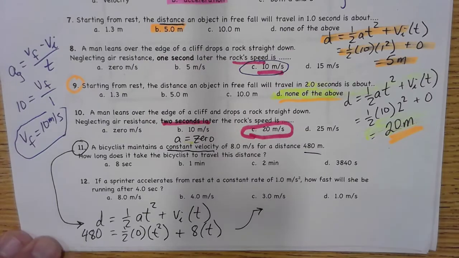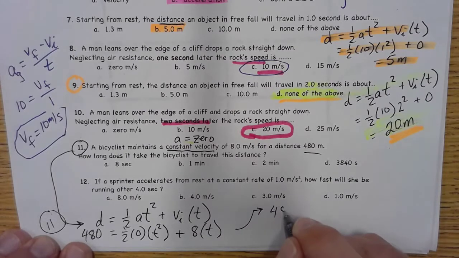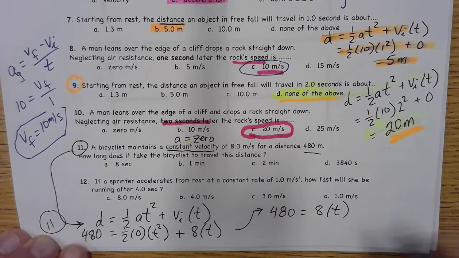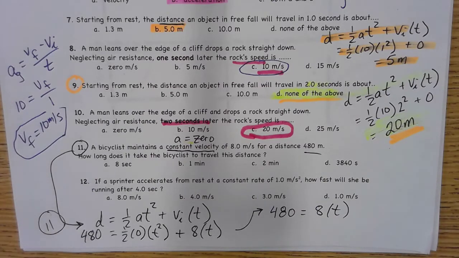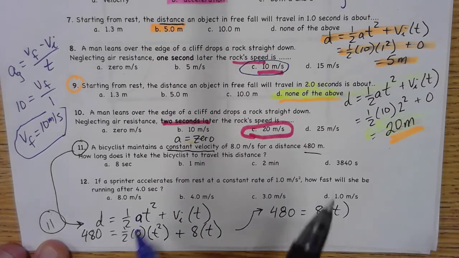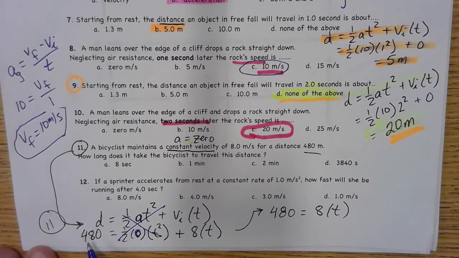So once again, if you look at number 11 here, setting it up with our distance formula, it really simplifies down to this. Because when you're moving at constant velocity, when your acceleration is 0, this term just drops out. And so we're just left with distance is velocity multiplied by time. We all know this.